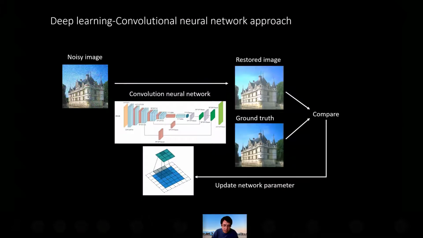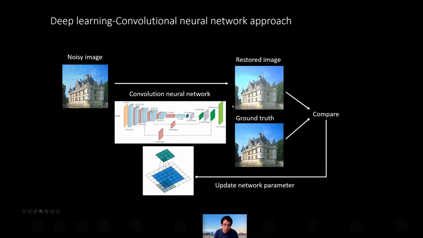So here is a typical flow chart of people using the convolutional neural network for image denoising. What we typically do, as shown here, is supply the convolutional neural network with noisy images, and the network predicts restored images.